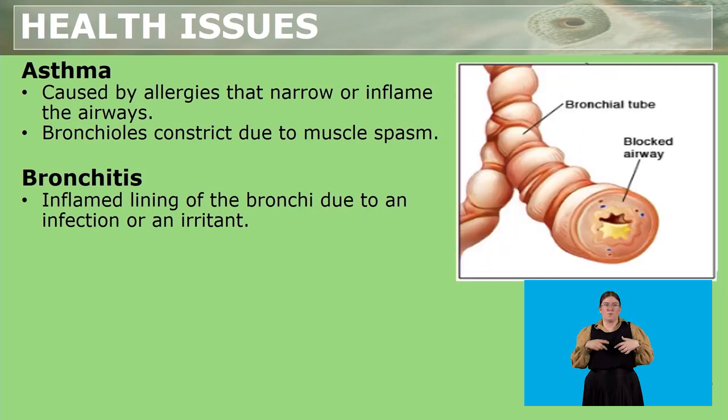Now looking at the picture, which shows an infected bronchi, you will see that the lining is inflamed or swollen, so the opening is narrow, and this is due to an infection or an irritant. It says there the airway becomes blocked, and basically this is the bronchi.